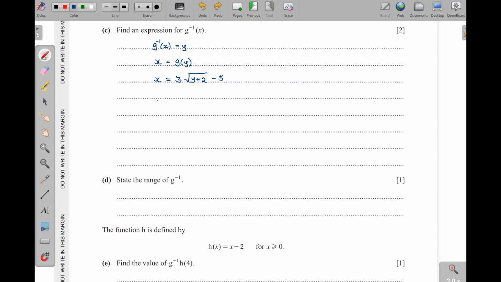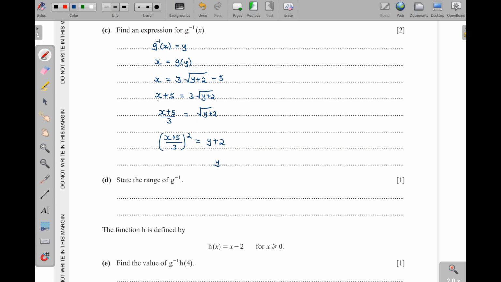Now we make y the subject. So bring this one here. We shall have x plus 5, which is equal to 3 square root of y plus 2. Divide all through by 3. x plus 5 over 3 is equal to the square root of y plus 2. Square both sides. You shall have this one here over 3 squared, then will be equal to this one squared. The root disappears.